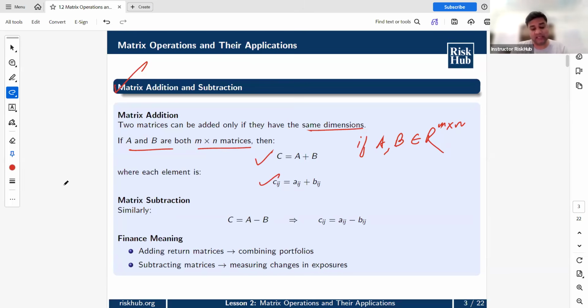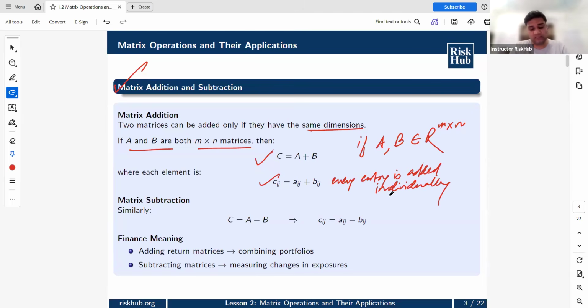What does it mean? This means that every entry is added individually.